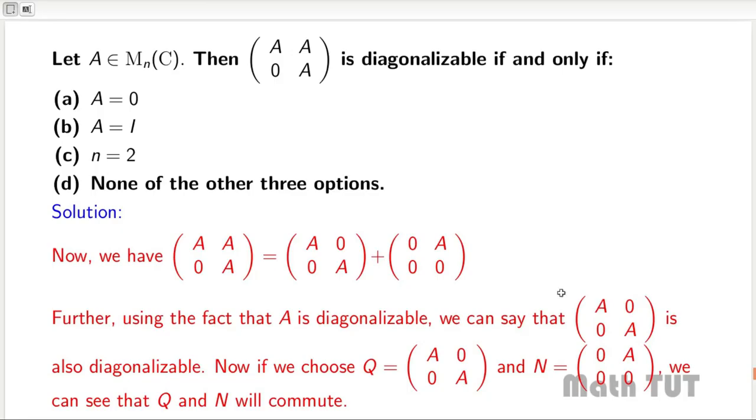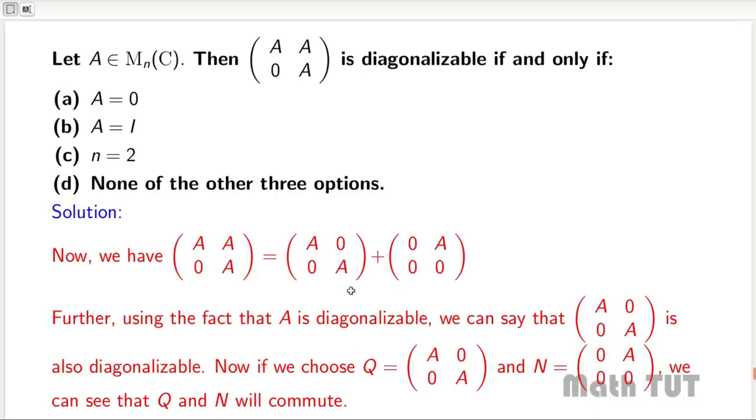This is our Q here, and if you choose N to be this 0, A, 0, 0, then this is the nilpotent part. We can also see that if you multiply Q with N and N with Q and compare, they are the same. That means Q and N will commute.